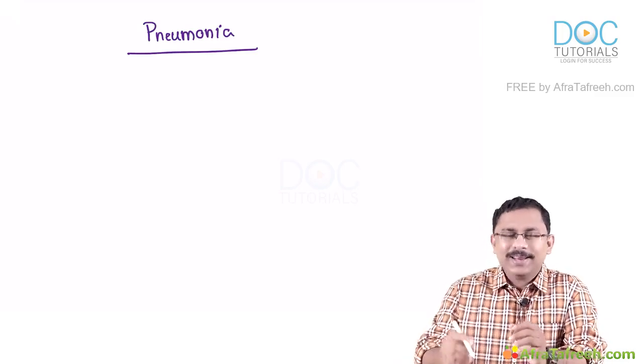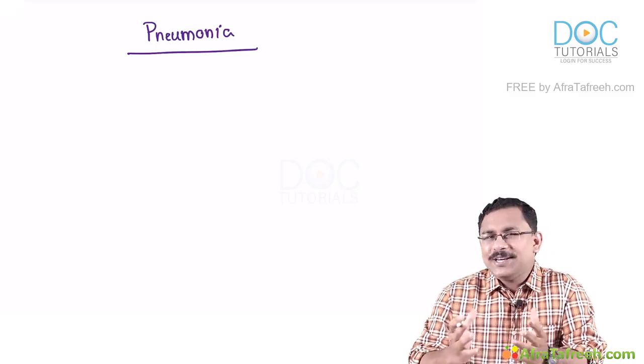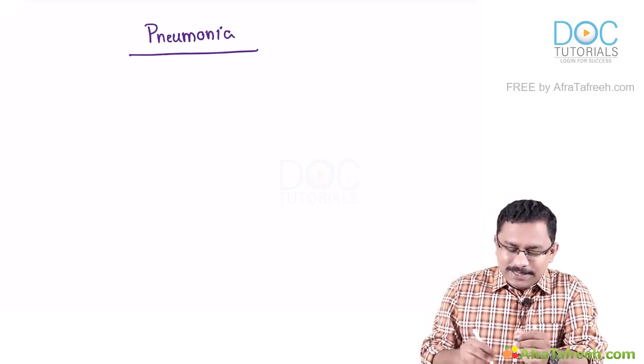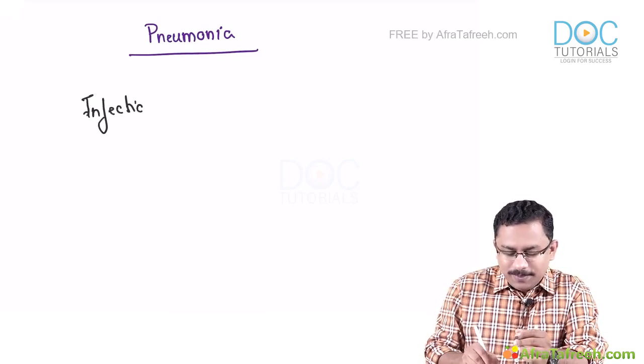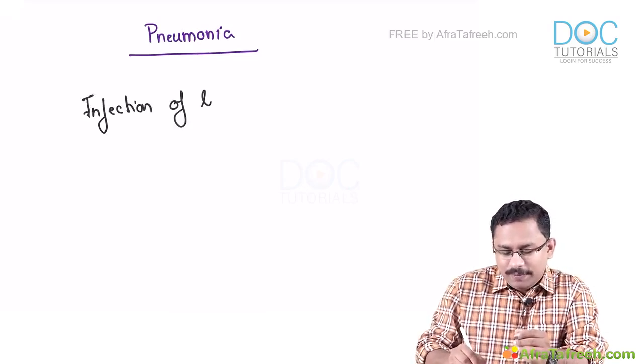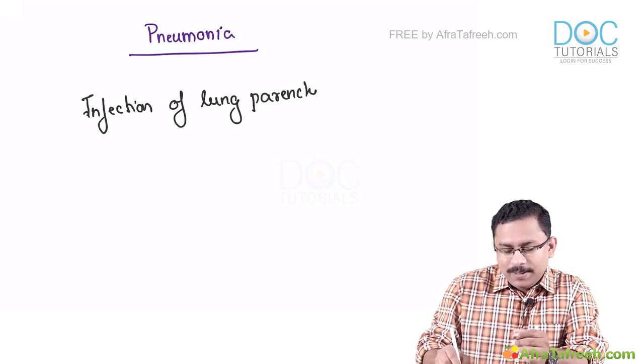Okay, so you are hearing this term pneumonia. What does pneumonia mean? Pneumonia is nothing but an infection of the lung parenchyma. Okay, infection of lung parenchyma is what you call pneumonia.